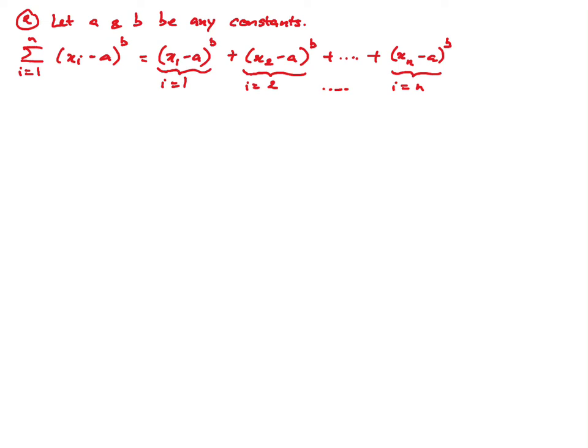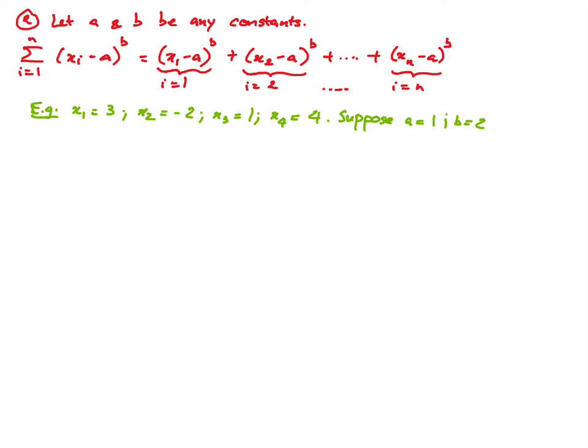So let's look at an example. Suppose I have x1 equals 3, x2 equals negative 2, x3 equals 1, and then x4 equals 4. And then suppose I have two constants, a equals 1 and b equals 2.